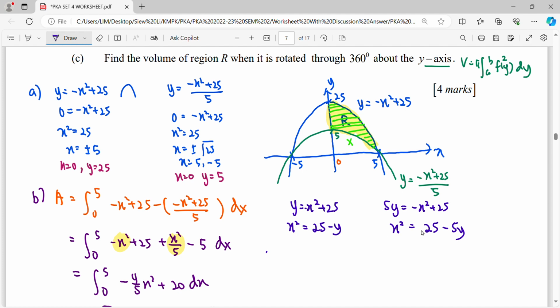So we can start to integrate for finding the volume, where pi, then we integrate for the one curve concept, which starts from 0 up to 25 under one curve. For the blue curve, 25 minus y dy, then minus the empty region here, which is the integral from 0 until 5 under the green curve. The green curve will be 25 minus 5y dy.